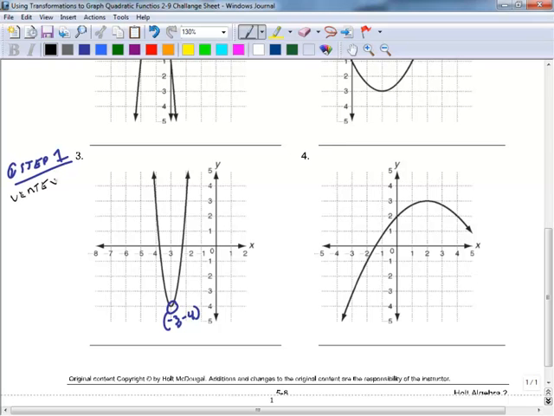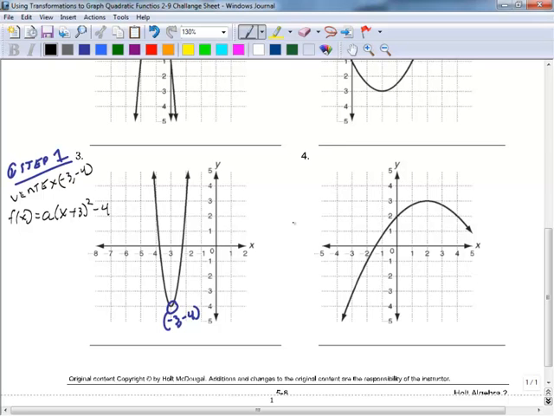And with that, I can actually start filling in some of the vertex form of the equation. I don't know what A is, and it's going to be x minus a negative 3, or x plus 3, squared minus 4.